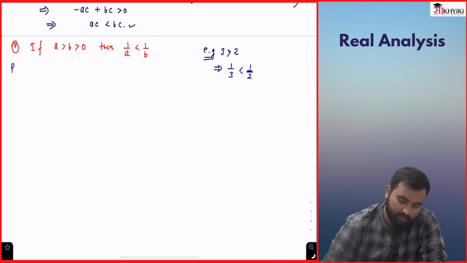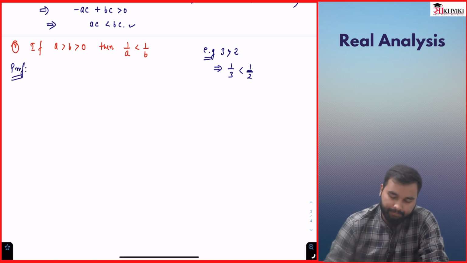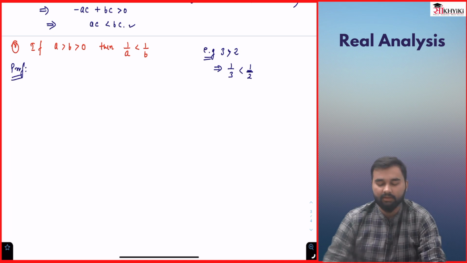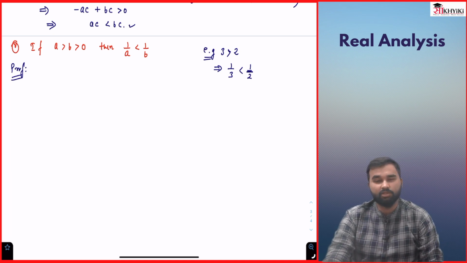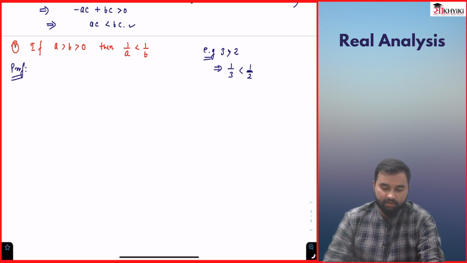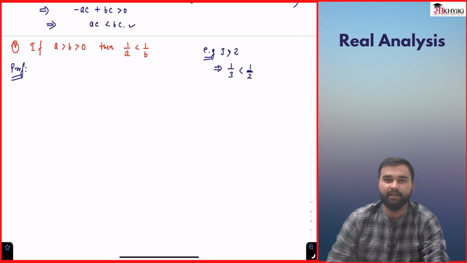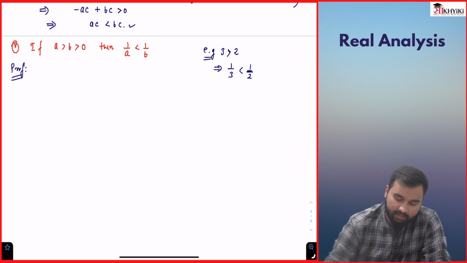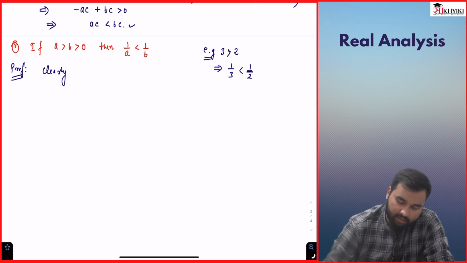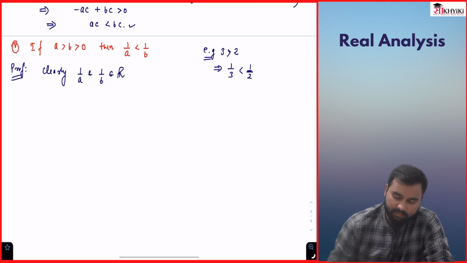Let's try to prove this. Since A and B are both positive real numbers, their reciprocals must be real numbers again. Clearly 1 by A and 1 by B belong to the real numbers.